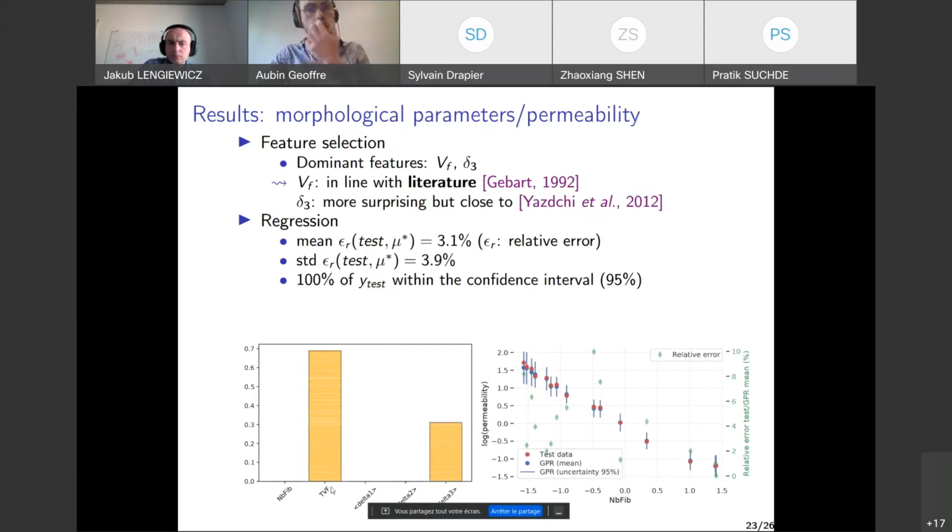We also find that delta 3, the mean distance to the third neighbor, also has an impact, which is more surprising, but it's close to some results that we find in the literature. In the end, concerning the regression, we can predict the permeability with really low error, and all the test data lies in the confidence interval.